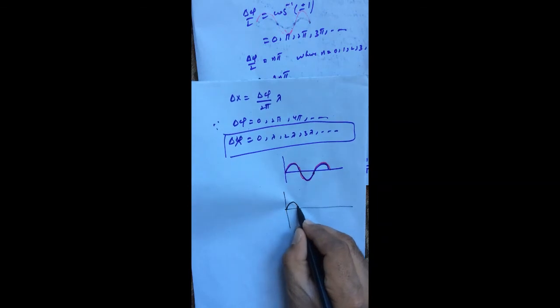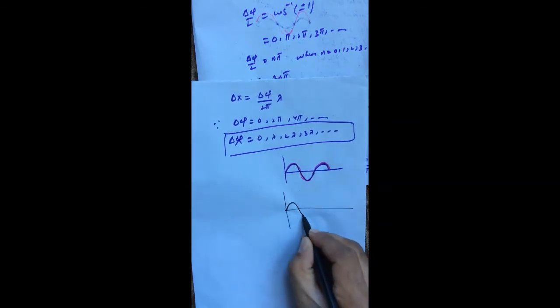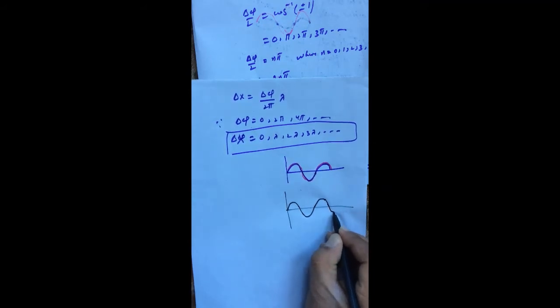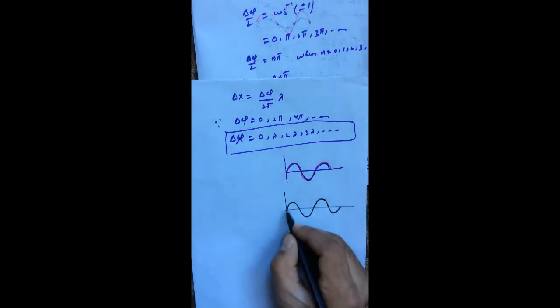Suppose this is wave 1, and its wavelength is this one. This is the wavelength.